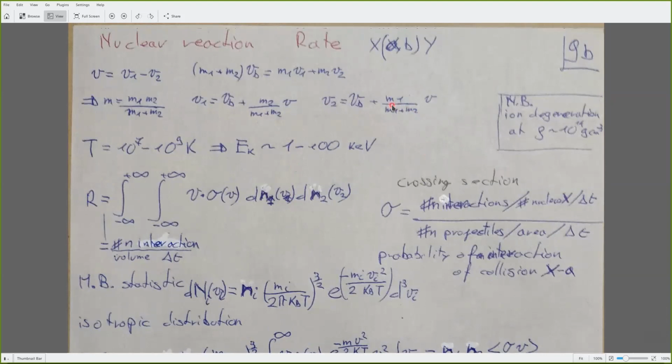Okay. Back again to the nuclear reaction rate. As I said, we are putting ourselves in the system barycenter with reduced mass. Remember, more or less, as you can see in the sheet with the constants, the Boltzmann constant is approximately 10 to the minus 4.